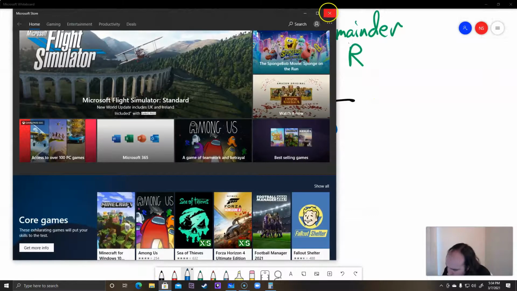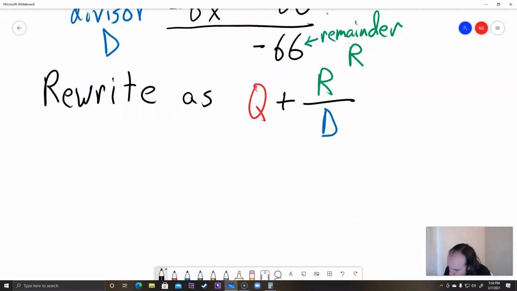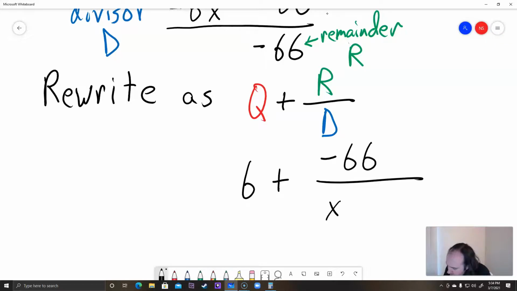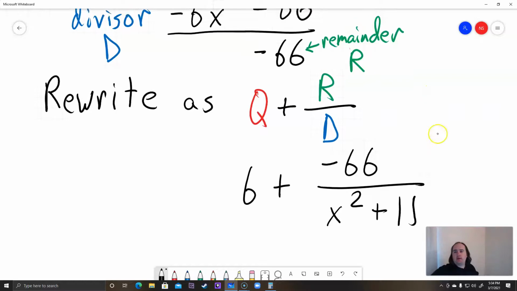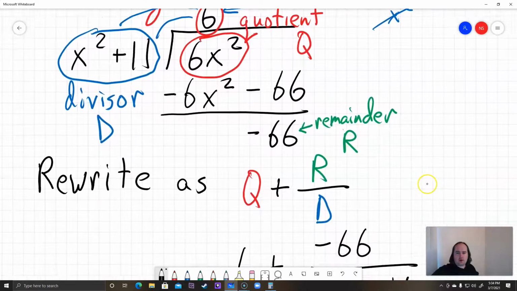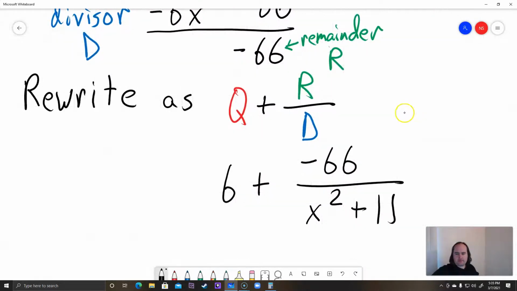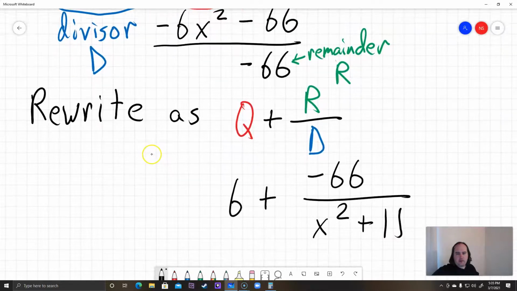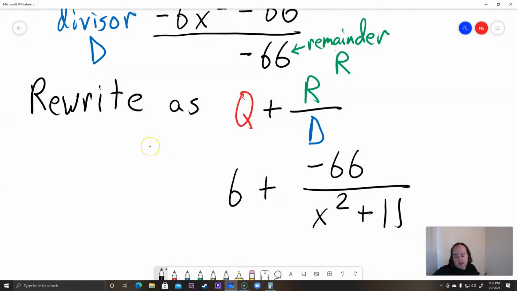That is Q plus R over D. And you can use an online calculator to do the long division for you, but I wanted to show you how to do it by hand because it's really not that hard and it's nice to know how it works.